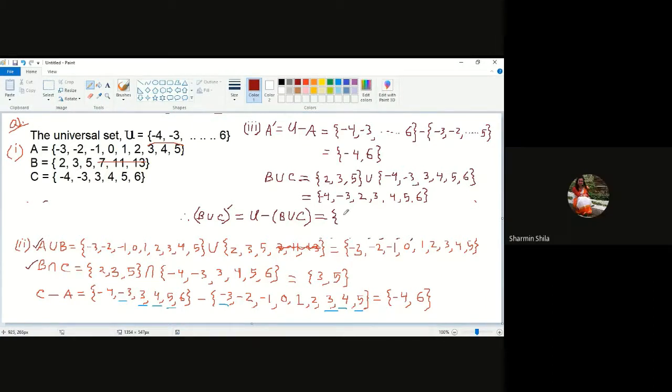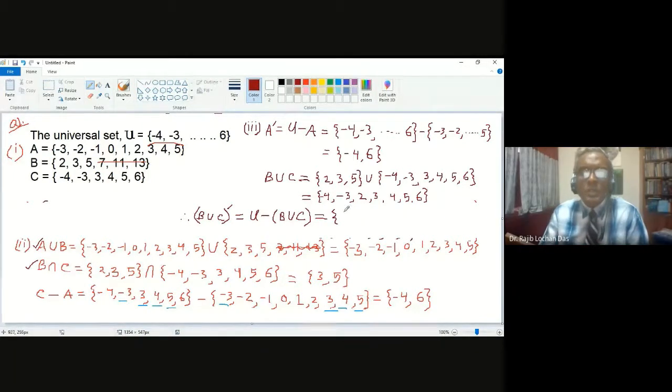Answer empty set. Sir, -4. Answer empty? No, how can it be empty? -4, how can it be -4? This is B union C. This is the universal set.